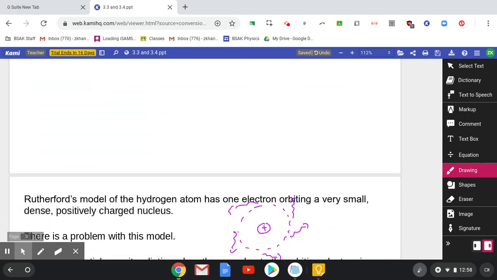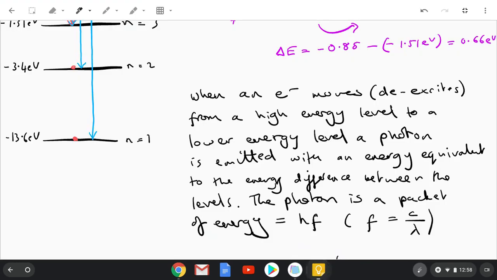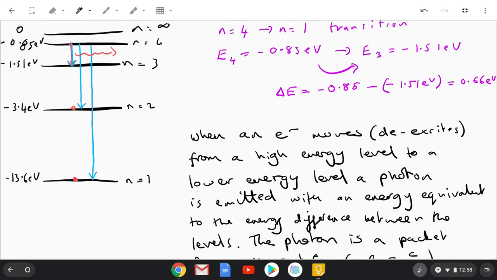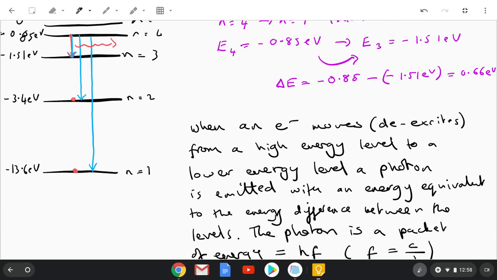That specific energy corresponds to a transition or a de-excitation. So when an electron goes from a high energy level to a low energy level, it de-excites or transitions from 4 to 3 in this scenario, and gives off a fixed frequency, fixed wavelength.